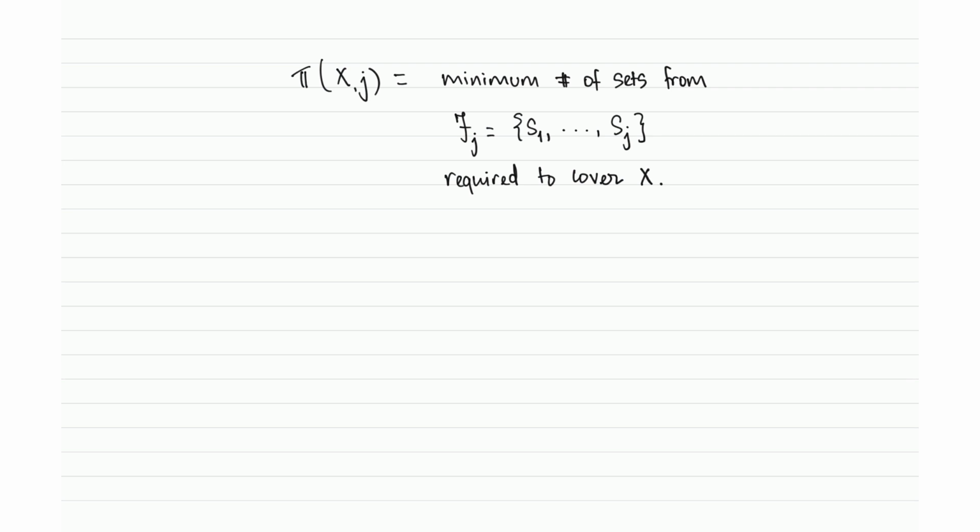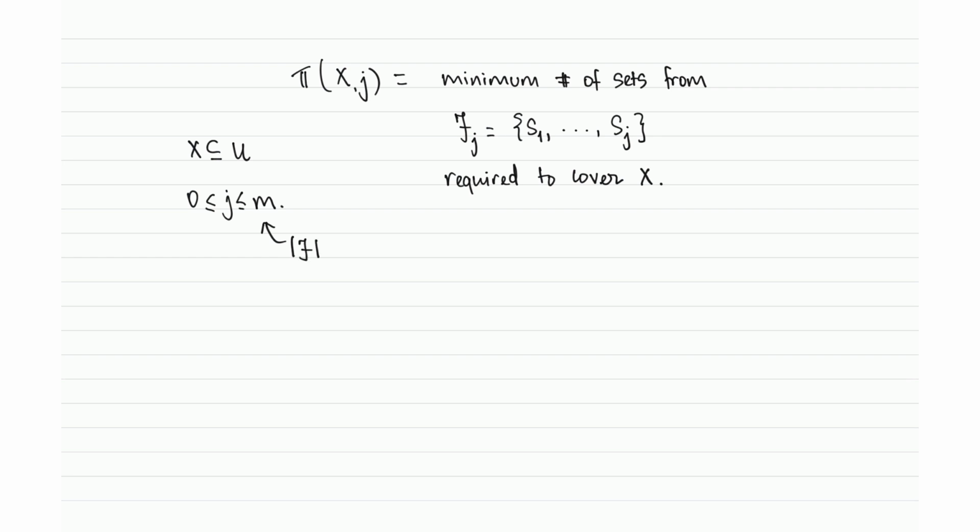And let me just remind ourselves that x is a subset of the universe and j is some number that ranges from 0 to m. So m again is the size of the family that you're working with.